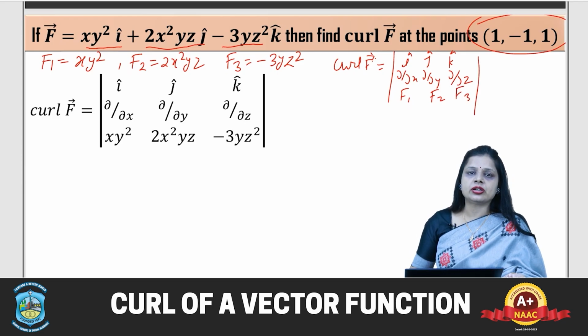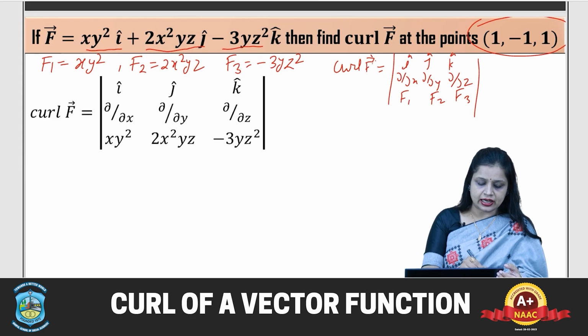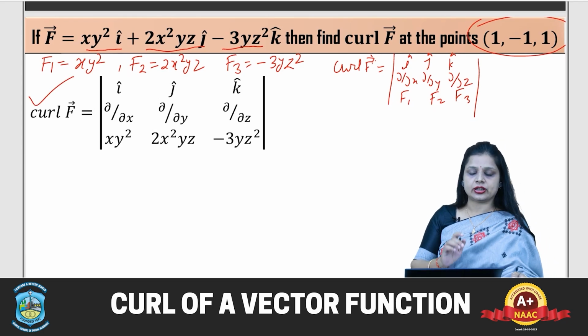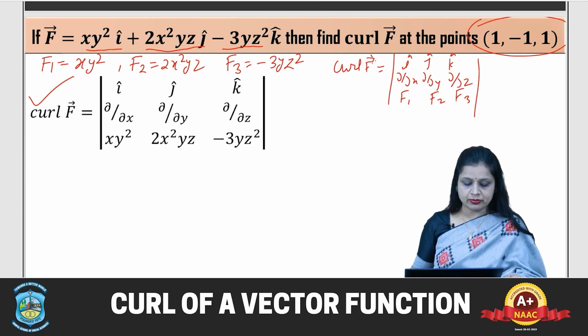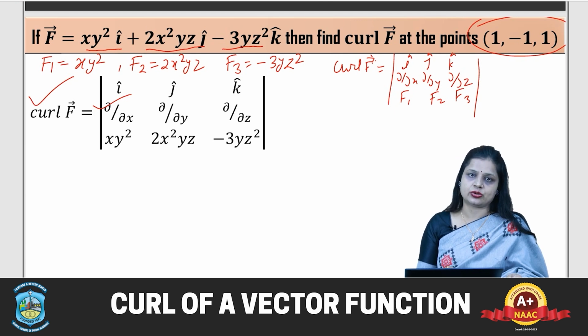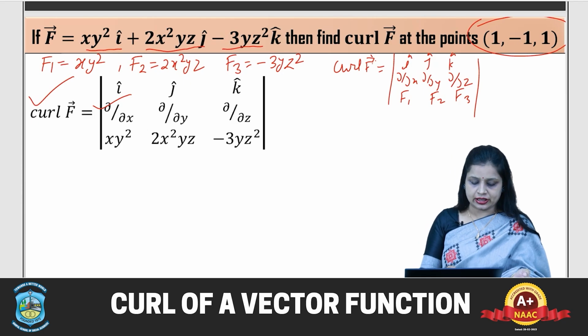On substituting values of F1, F2, F3, we get curl of this vector F as the determinant of i cap, j cap, k cap, del x, del y, del z, x y square, 2 x square y z and minus 3 y z square. Now, we have to expand this determinant.